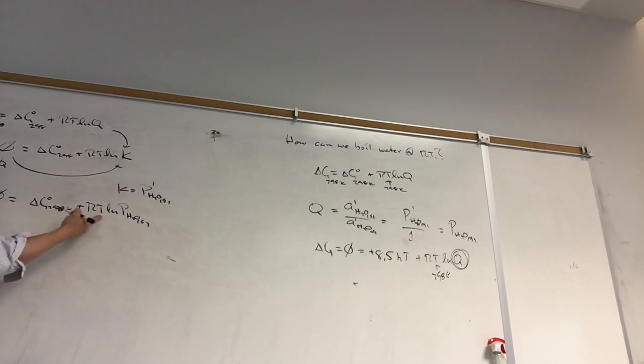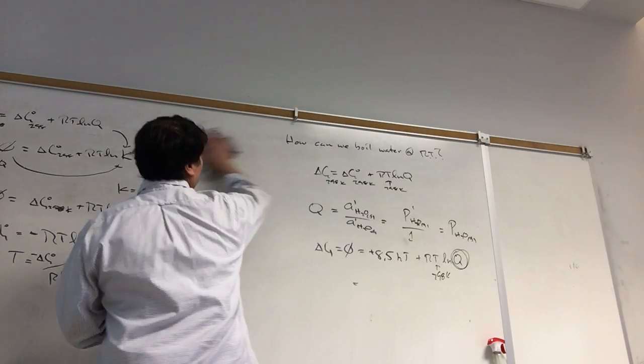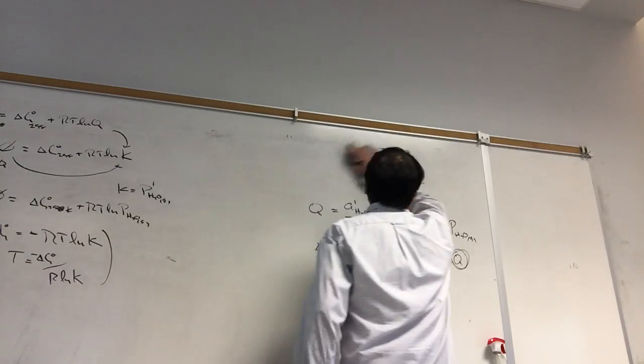We know what delta G naught is. Delta G naught is equal to minus RT ln of K, therefore T is equal to delta G naught divided by R ln of K. Should there be a negative in there somewhere? Yeah, negative.